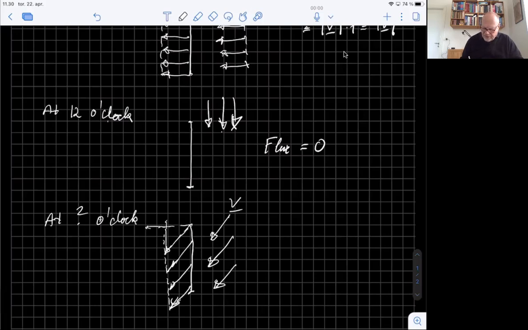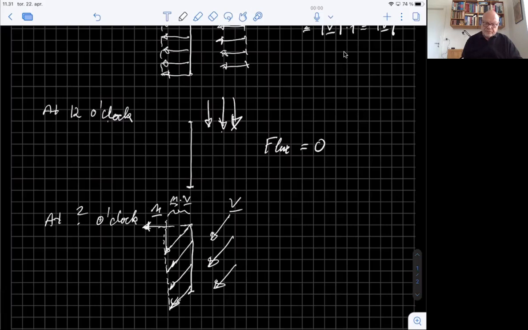And if you have a normal vector n to the window, then the height of the parallelogram is the dot product between n and the vector field v. That is a projection of the vector field onto the normal.